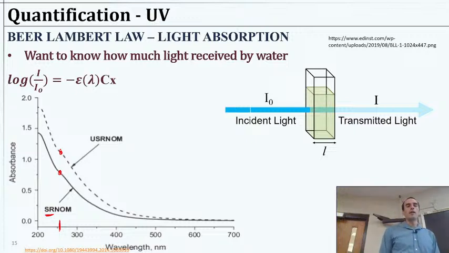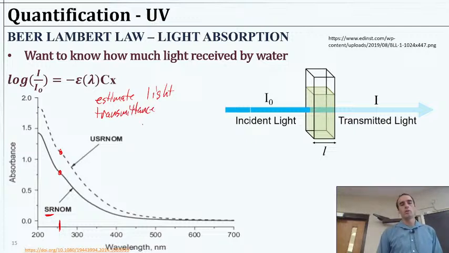What we're looking at is how much light is absorbed times the concentration of the stuff that's doing the absorbing, times the distance traveled. So this gives us a way to estimate or know the light transmittance through the water.